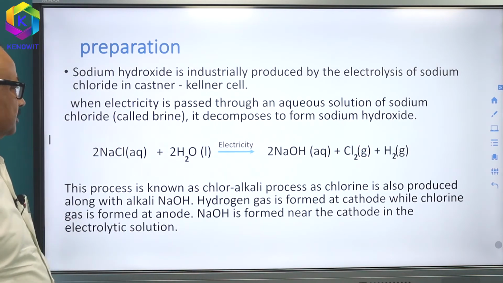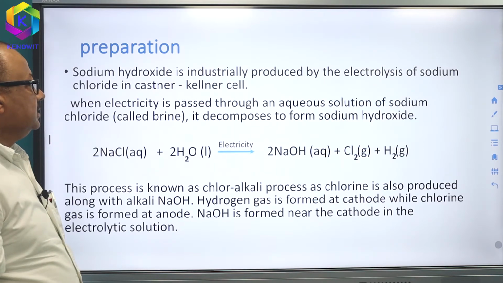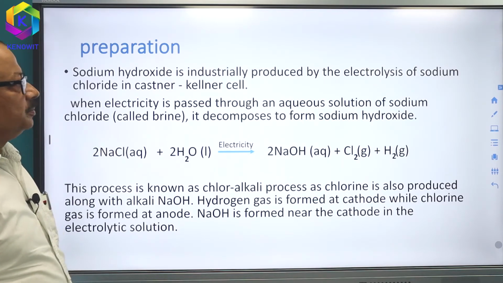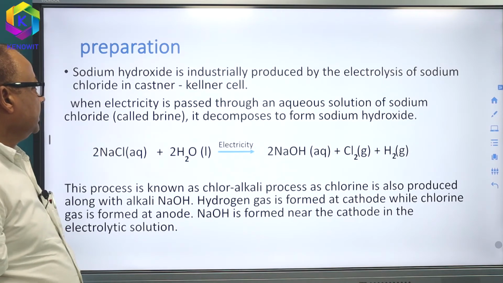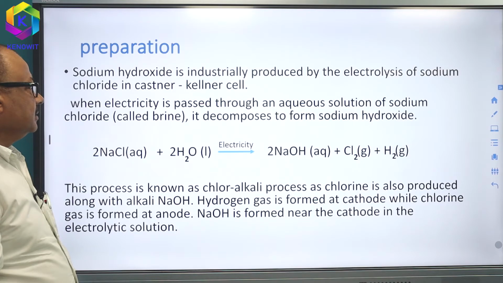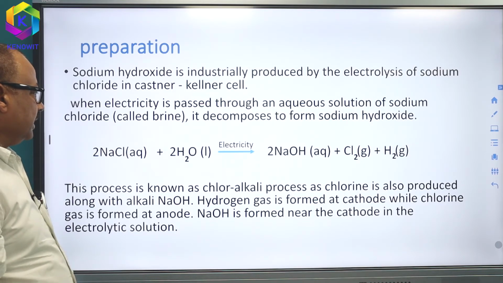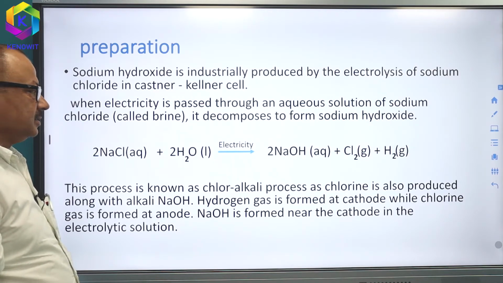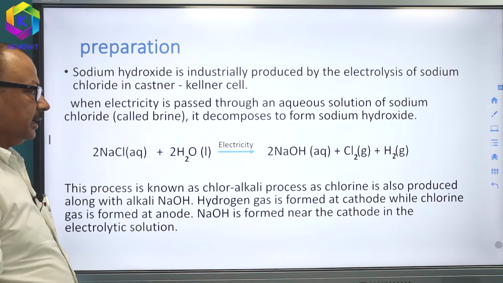Then preparation. Sodium hydroxide is industrially produced by the electrolysis of sodium chloride in the Castner-Kellner cell. When an aqueous solution of sodium chloride is electrolyzed, when electricity is passed, sodium hydroxide, chlorine and hydrogen gas are formed.